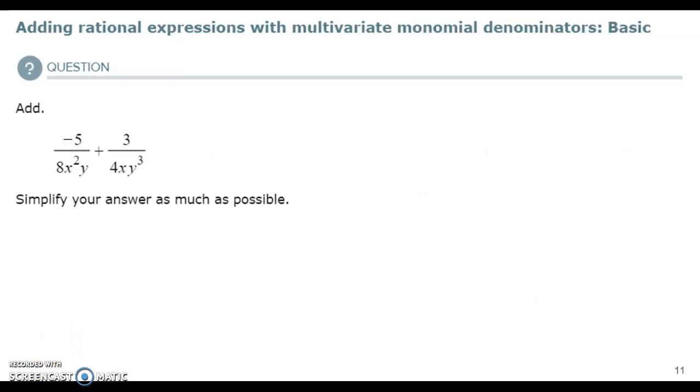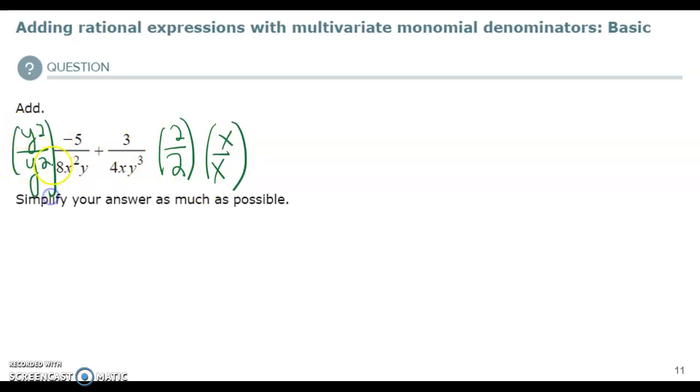Okay, I want you to try this one on your own. Think about how to make your constants the same, how to make your x's the same, and how to make your y's the same. So I am going to look at my constants. This at least needs a 2 over 2. I'm going to look at my x's. Everything at least needs an x squared, so I'm going to give this an x. Everything at least needs a y to the third, so I'm going to give that 2 y's.